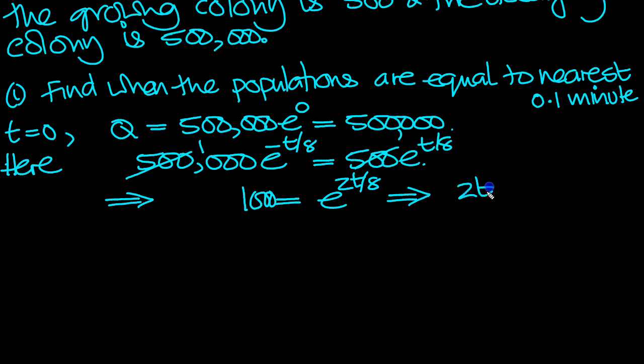The 2t over 8, which is t over 4 as we said, is equal to, now move the e down, it's log e. To do the log, you swing this down as the base number, this drops down to ground level, and it's log e of 1000.